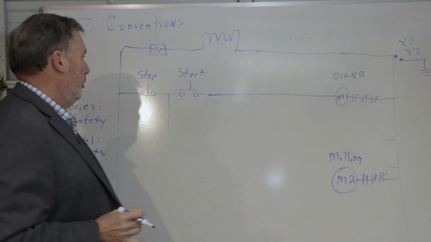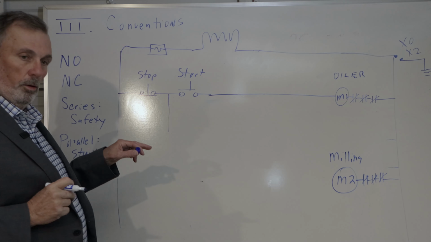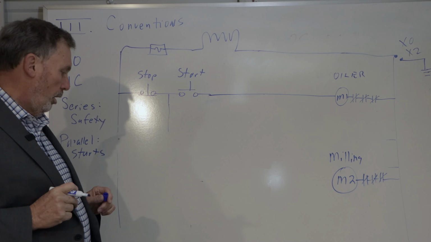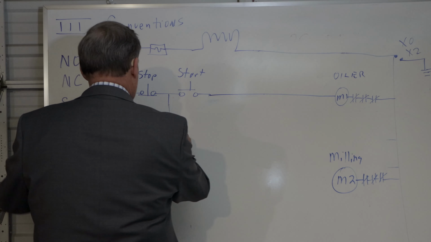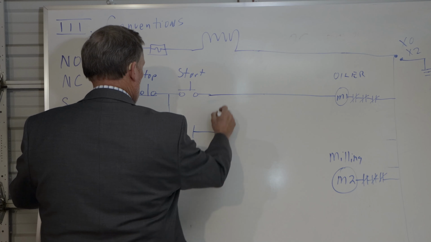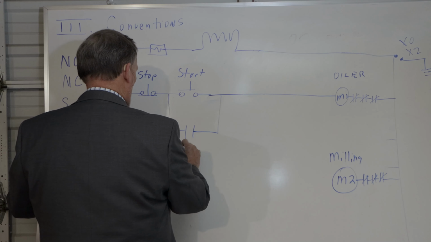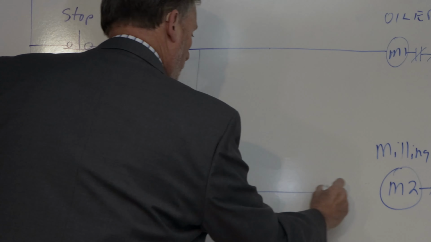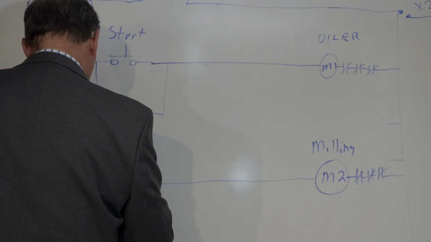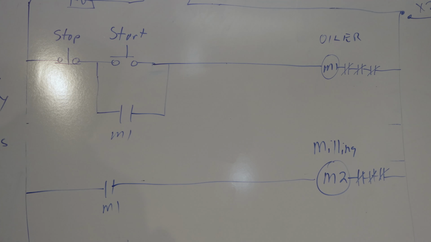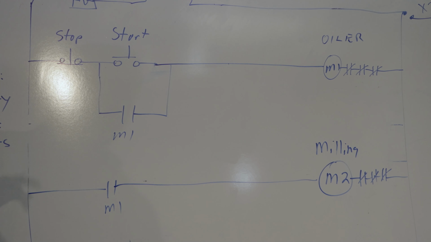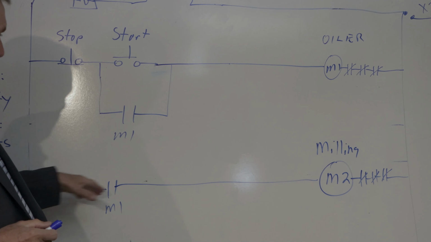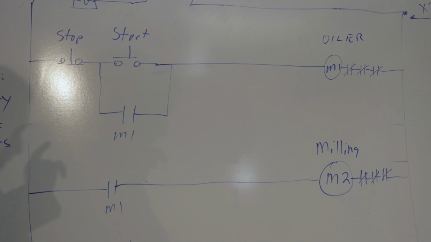Okay, so what I want to do is start the oiler, and I want to make sure that the oiler runs before the milling machine runs. So I start the oiler and it latches up. This would be my M1. And then my M1 contact, normally open, would also start the milling machine. Now how do I know the oiler's working just before the milling machine comes on? How about a safety?